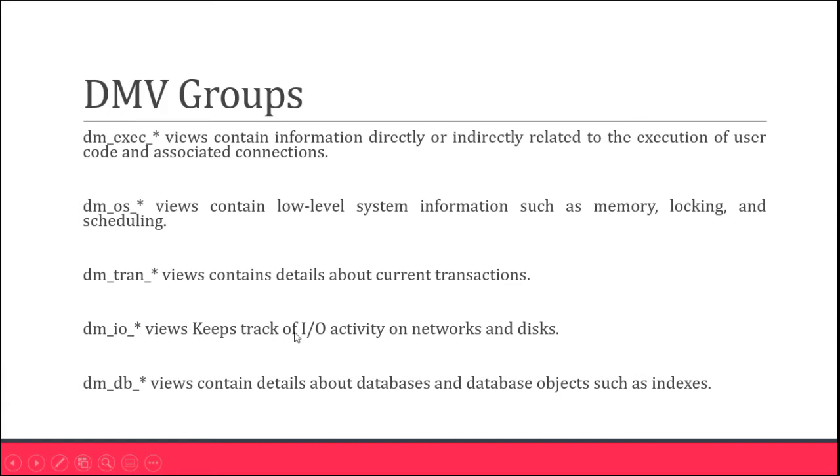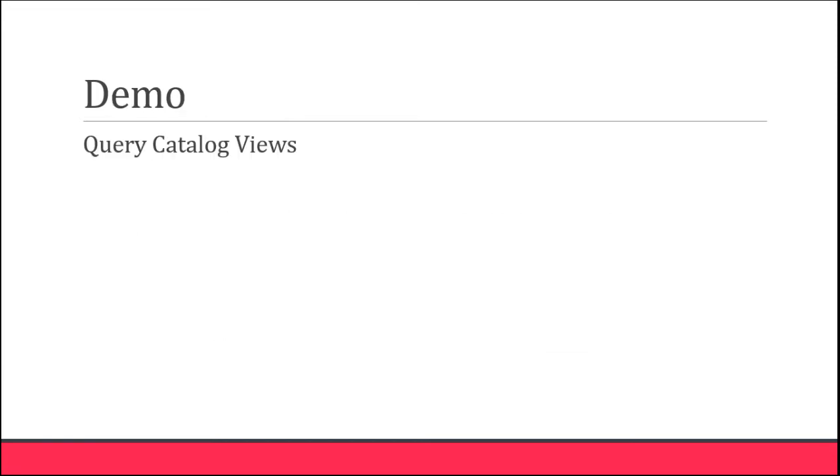The IO views, details about IO and network and disk. The DB views, details about databases, objects. There are actually 5. The 5th one is the exec views. I actually skipped it. The exec views contain information about execution of user code. So there are 5 DMV groups which you essentially would be playing with inside SQL Server.